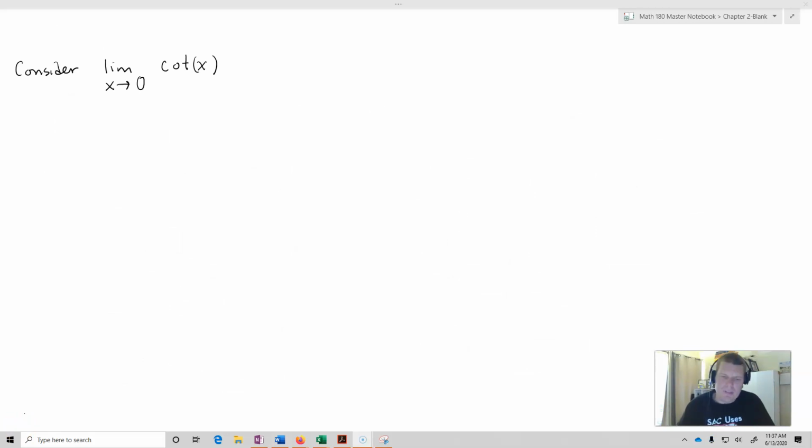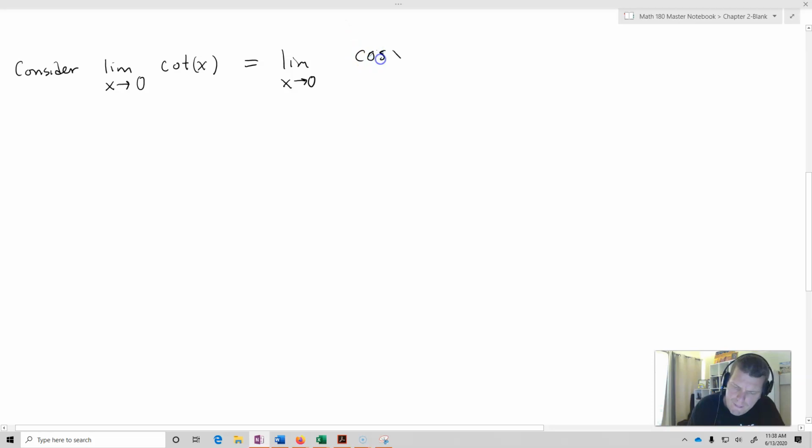Now let's consider the limit of cotangent. So the limit as x approaches 0 of cotangent of x. Now this is going to equal the limit as x approaches 0 of cosine over sine. So as x approaches 0, sine of x is going to go to 0.